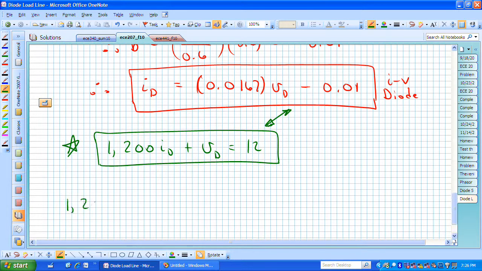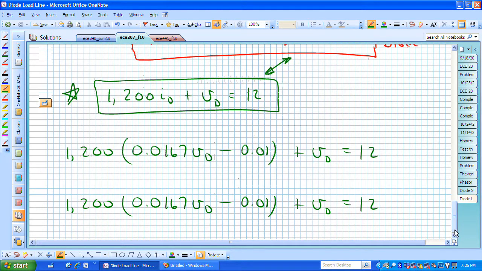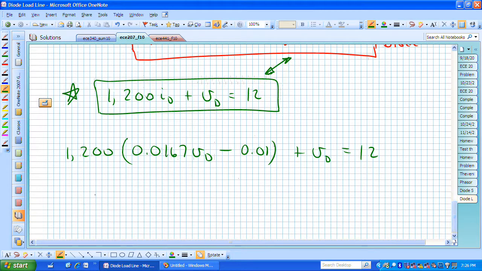So we now have 1200 times I sub d, which is 0.0167 V sub d minus 0.01, plus V sub d is equal to 12. If we do the algebra, we end up with 20.04 V sub d minus 12 plus V sub d is equal to 12.